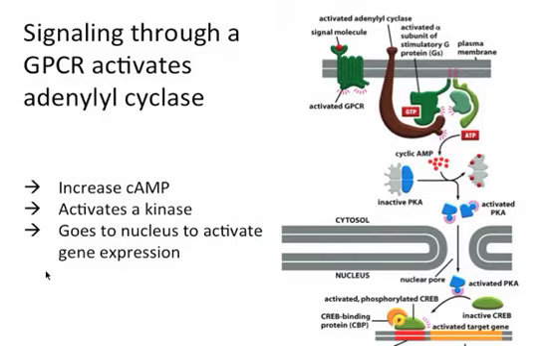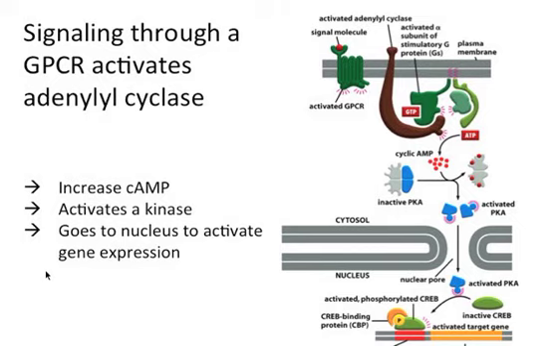Okay, so what's this have to do with anything? So here, signaling through a GPCR. This is an example. This is not all GPCRs do. It activates adenyl cyclase. So here's your signaling molecule, your hormone or whatever you want it to be. And it binds to your receptor, which activates your G protein.